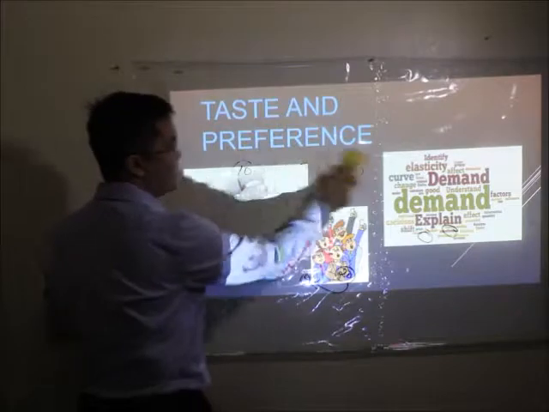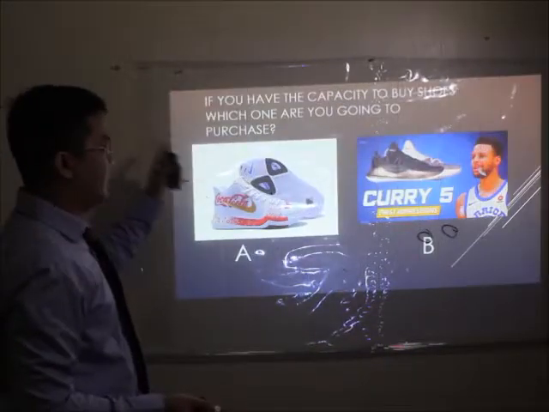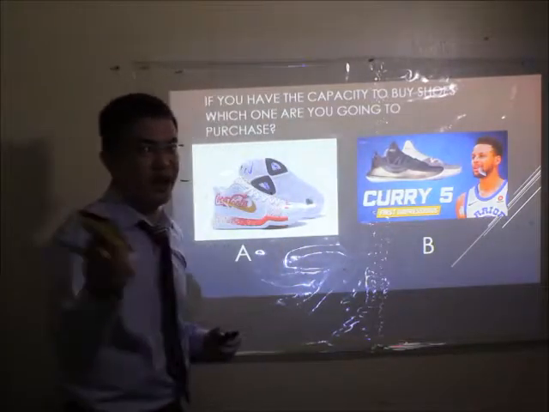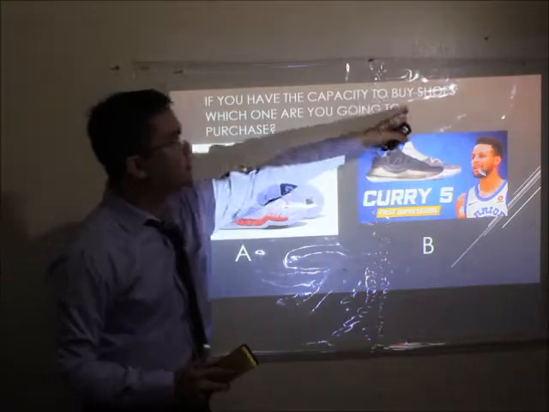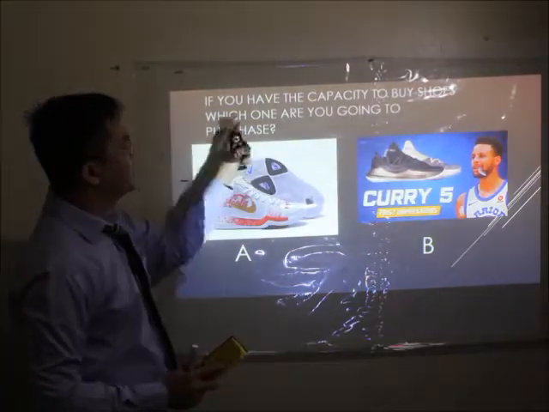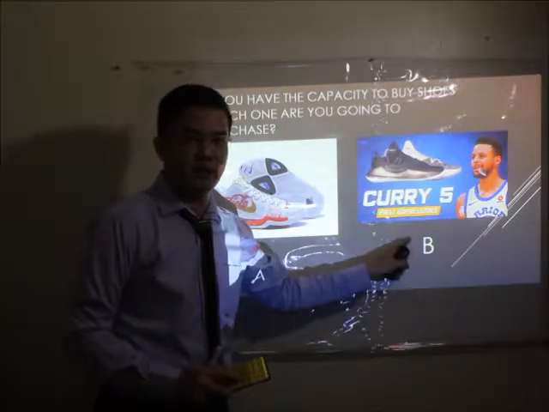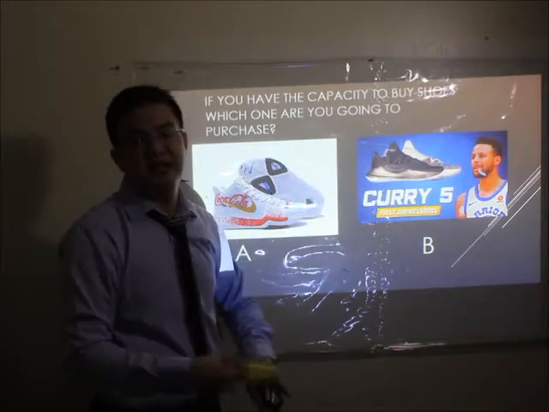The taste and preferences. Remember this. We are already familiar with this. We love shoes, right? If you have the capacity to buy shoes, which one are you going to purchase? The one endorsed by Stephen Curry or the one just placed in the market?